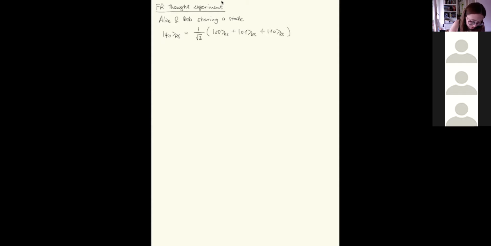Okay, and so let me maybe also draw the setting. So we have Alice in her lab with the system R, and Bob in his lab with the system S. And then we have two observers on the outside, Ursula and Wigner.